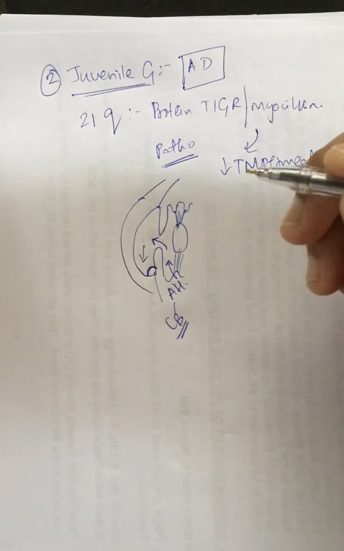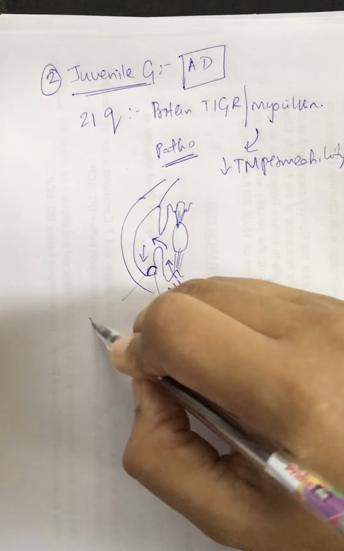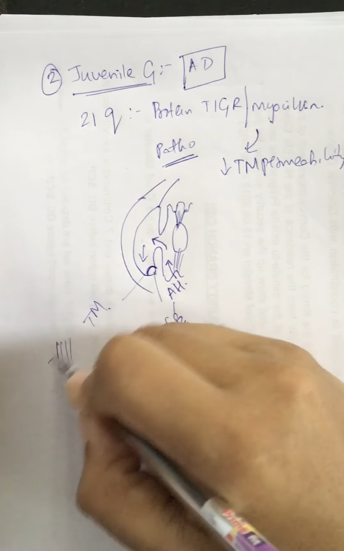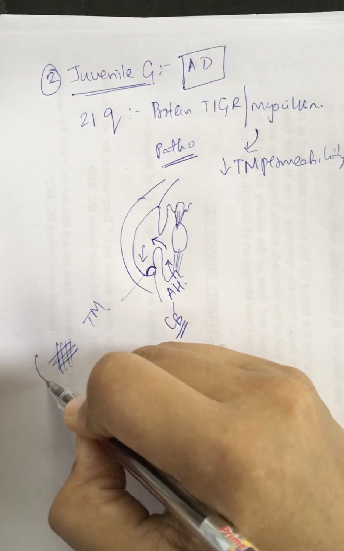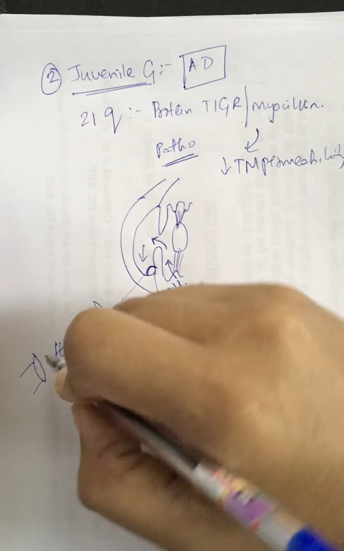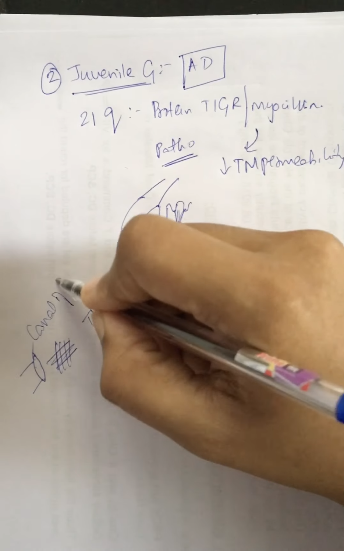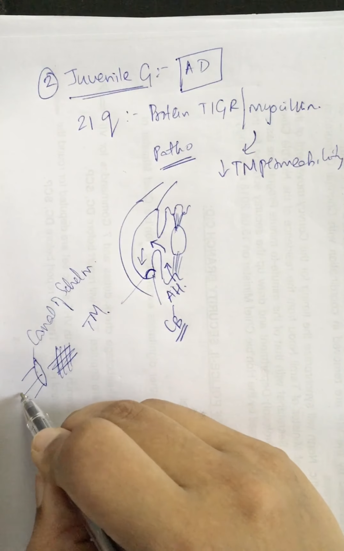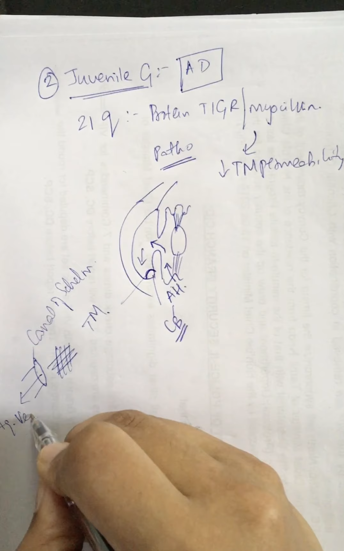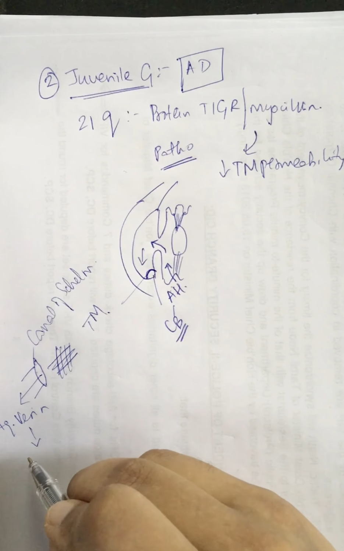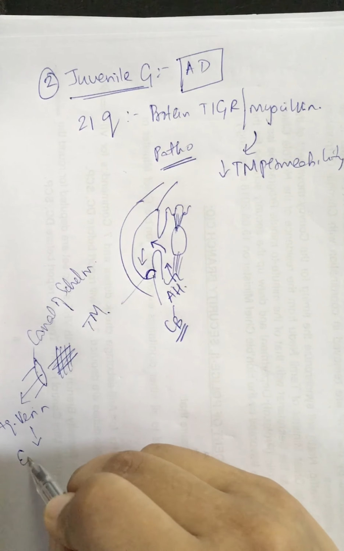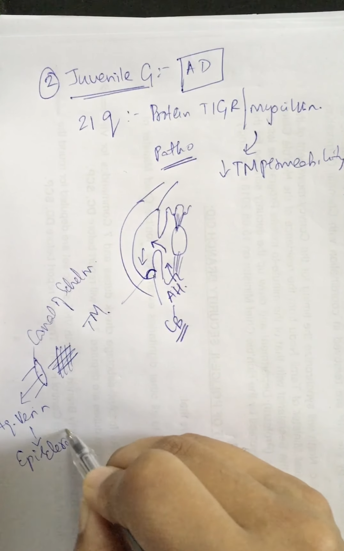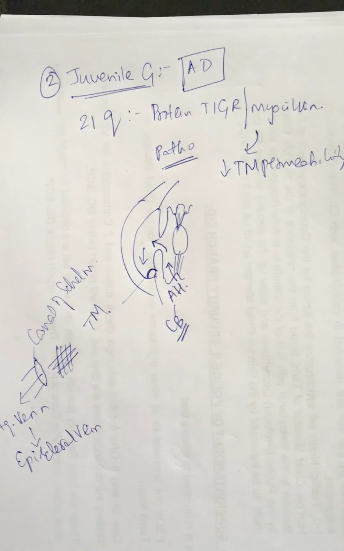It comes to the angle of the anterior chamber. Here is the trabecular meshwork, somewhere like this. And just behind the trabecular meshwork is a canal called the canal of Schlemm. After reaching the canal of Schlemm, it enters the aqueous vein, and from there it enters the episcleral vein. So basically it enters the general systemic circulation.